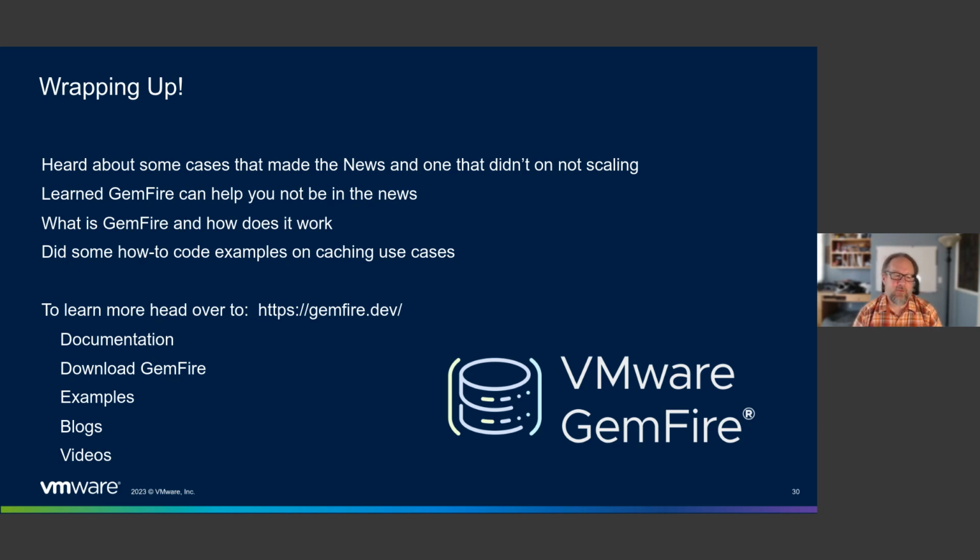We learned about GemFire and how it works, and looked at some code examples to get us started, and I hope you start yourself on that journey down the road. Like I said, if you want to learn more, head over to gemfire.dev. You can look at the documentation, download GemFire examples, blogs, and videos.